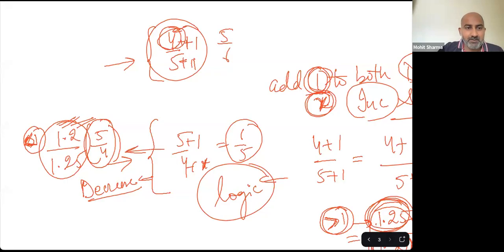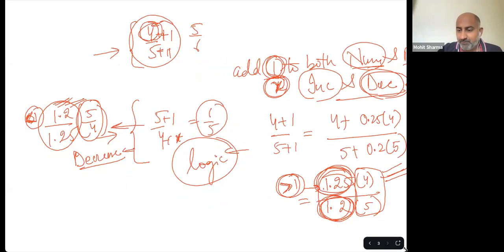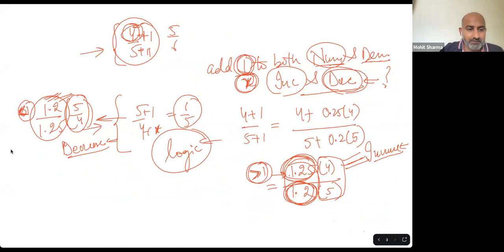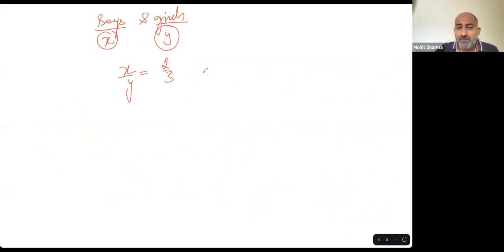And one more thing we missed. Let's say there are some boys and girls in a class, in a group. Let's say X is the number of boys and Y is the number of girls. Now, if I know X upon Y is some fraction, let's say 2 upon 3, can I find what X upon X plus Y would be?